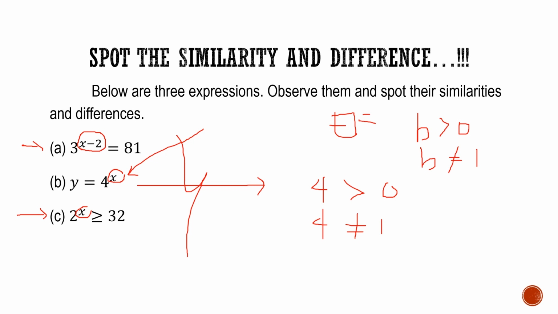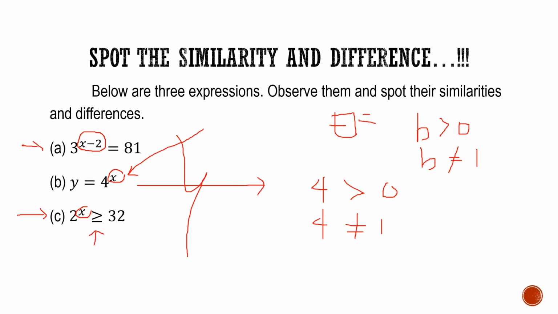Nevertheless, A and B both use an equal sign. C, however, contains an inequality symbol. Your letter C uses an inequality symbol.